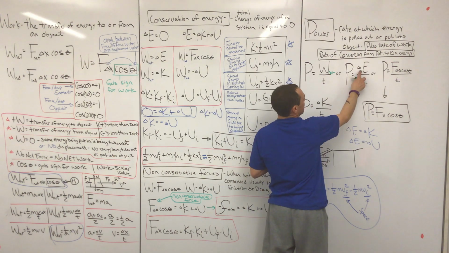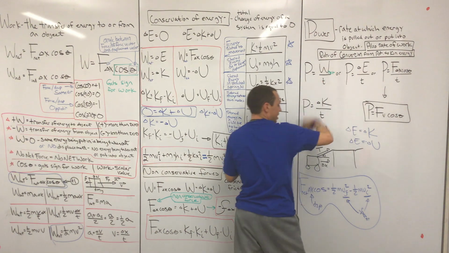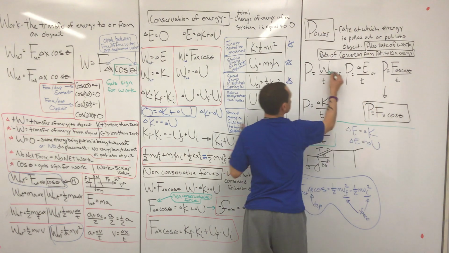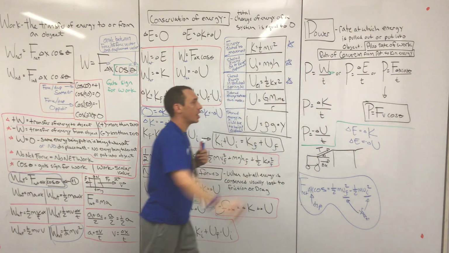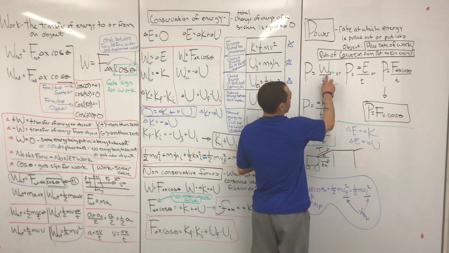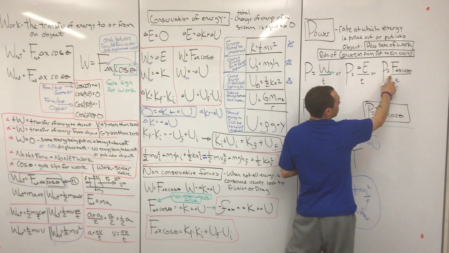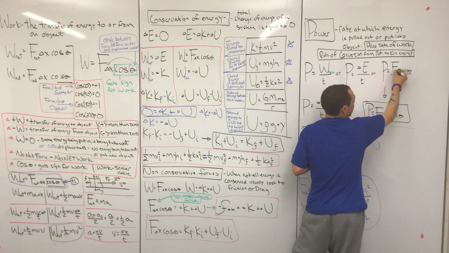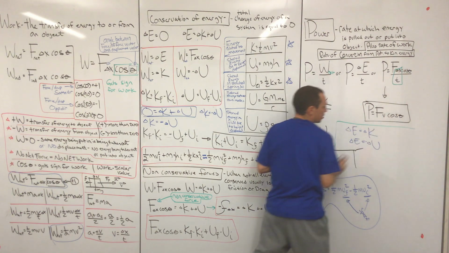We know net work is equal to change in E, so because of all this, we can write this a lot of different ways, and that's all I'm doing over here. I'm not doing anything special. Because we know work net is equal to all this stuff, power can be written a lot of different ways. We can write power as the change in E over time. We can write power as the force times displacement cosine theta over time. But if you do that, remember x over t is velocity, so it would be force times velocity cosine theta.